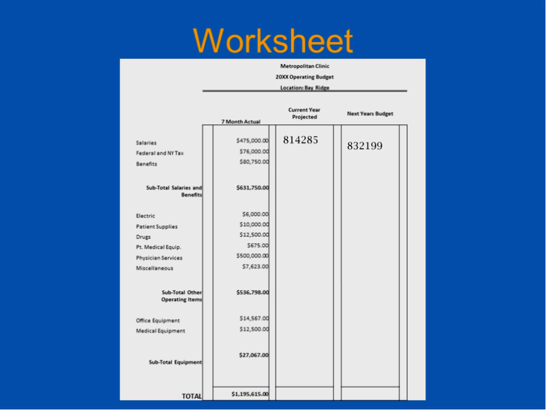So that's the basic idea. We're taking the numbers in this column, we're going to divide them by the number of months that are reflected in the expenses, and we're then going to multiply them by 12 in order to get the projection of the current year.